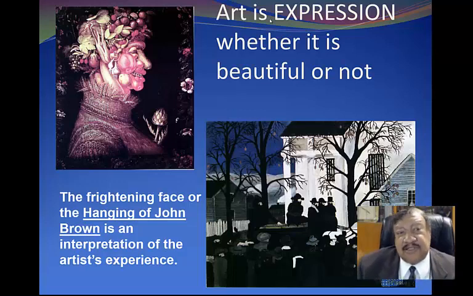On the left side, you see a work that absolutely is not beautiful. The face is bulging out, and you say, oh, what a terrible looking face. Now, I had a student, and I don't want anybody to get upset now, but I had a student one time who had a face look like that.